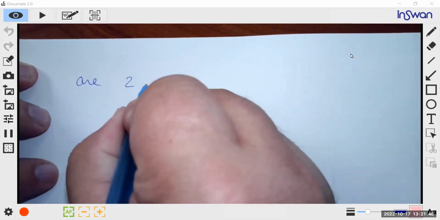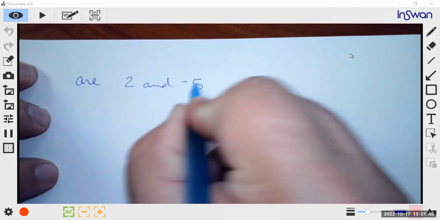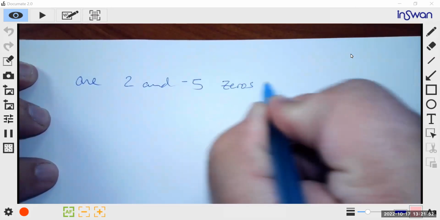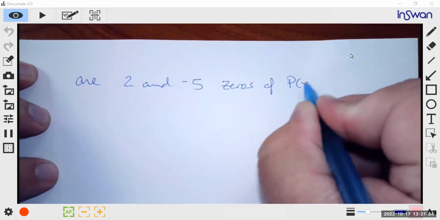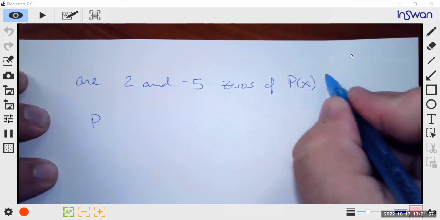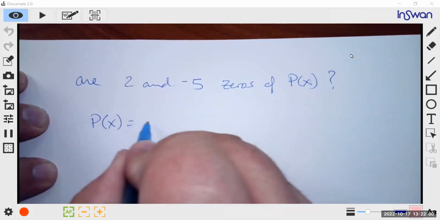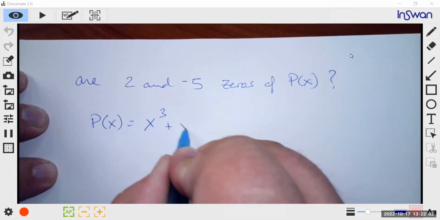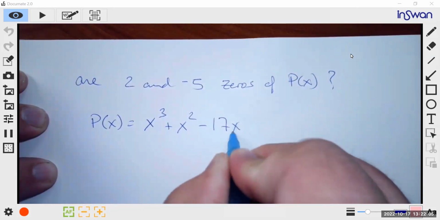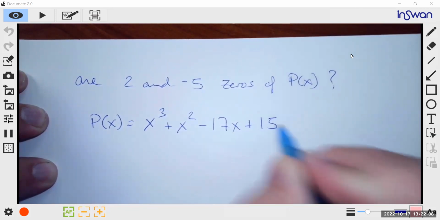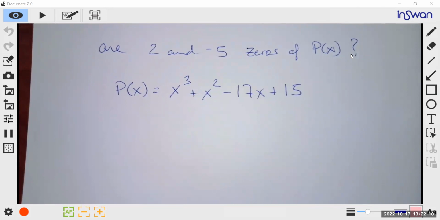Are 2 and -5 zeros of the polynomial P of x equals x³ plus x² minus 17x plus 15? So what would you do to test them to see if they are zeros?